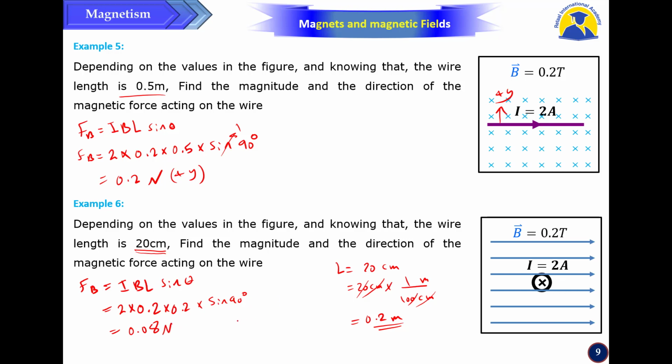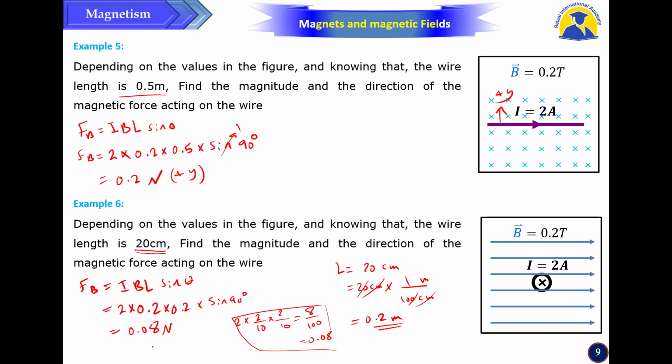To make it easier, 2 multiplied by 0.2 means 2 divided by 10, and 0.2 is also 2 divided by 10. So the answer will be 2 multiplied by 2 is 4, multiplied by 2 is 8, 10 multiplied by 10 is 100, so it will be 0.08.